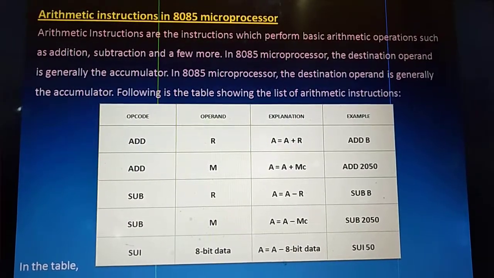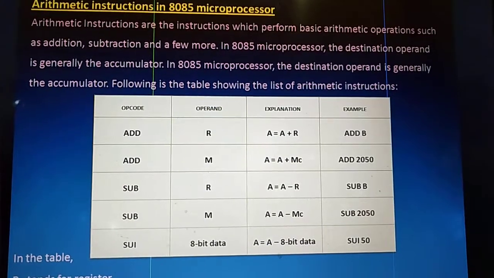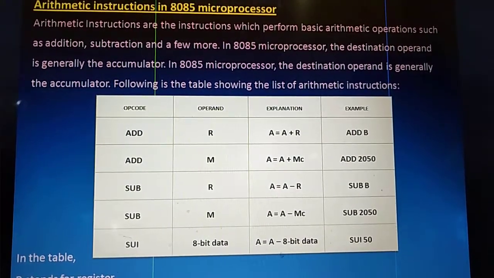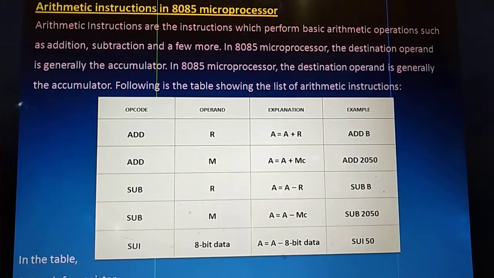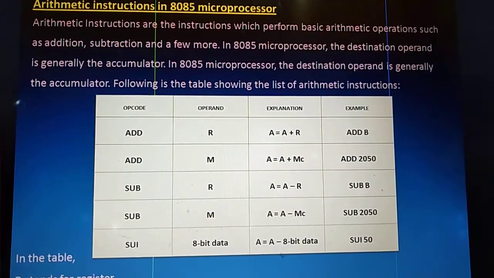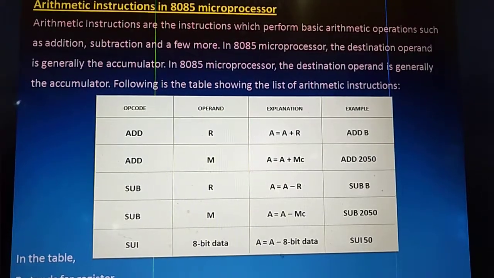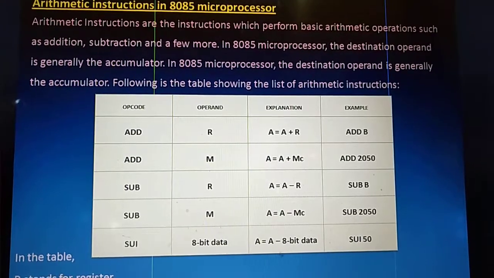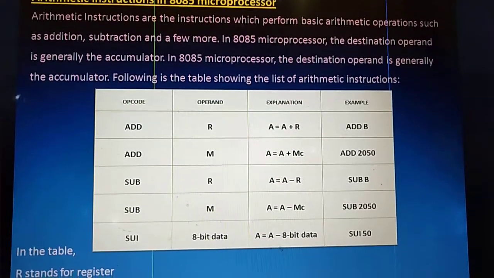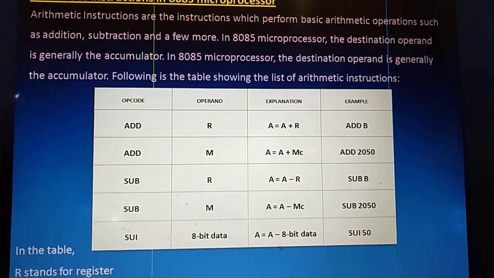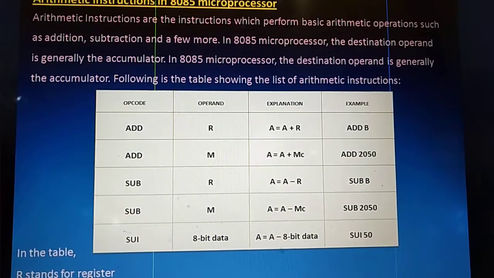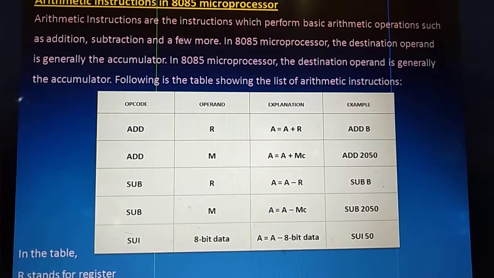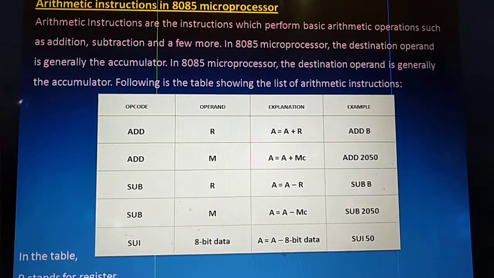SUB, operand R, explanation A = A - R. In this table, R stands for register and M stands for memory. I have simply taken these 5 different instructions, but if you go through any particular book, you will get a number of instruction codes. I will try to provide all those in PDF form, but we can use this much also.